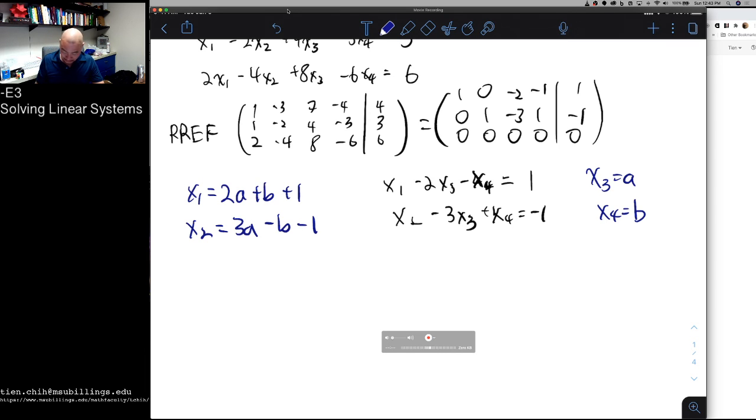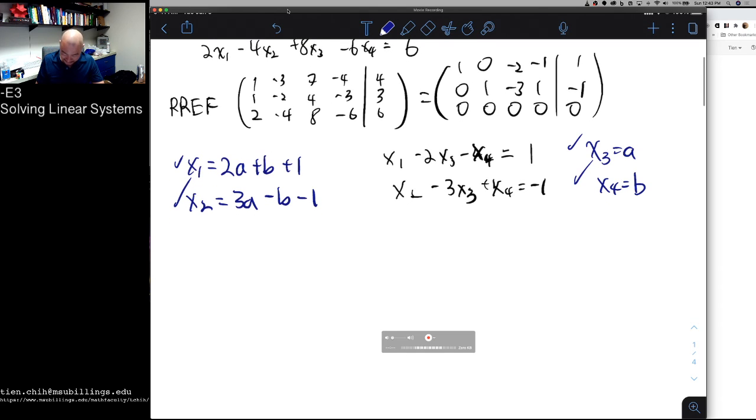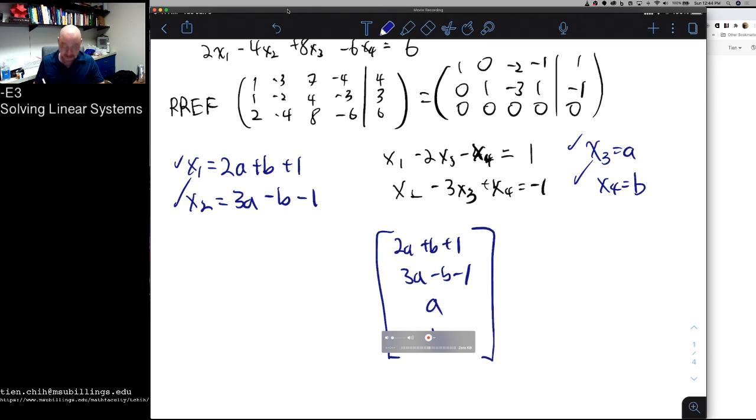And thus we have x1, x2, x3, and x4. And if I wanted to express the solution as a vector, I could express it in such a way: 2A plus B plus 1, 3A minus B minus 1, A and B.